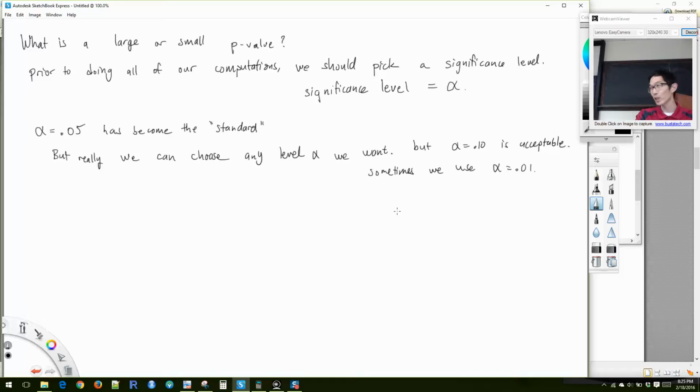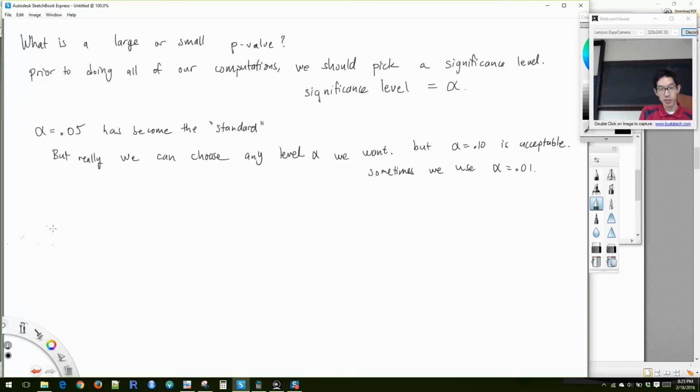Yet over time we have simply accepted this, and so this is law now. The same thing goes for this value of 0.05. It should be something around there, but there's nothing magical about it. For better or worse, this has become the standard value that we use.